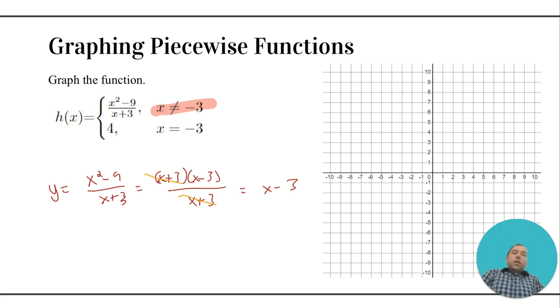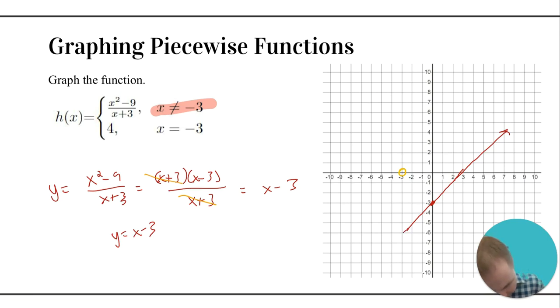So for the entire real numbers, just at negative 3 itself, we don't have a function value. So if you're going to graph y equals x minus 3, that's just a line that should start at negative 3 for the y-intercept and then have a slope of 1, right? So you really just want to graph this line, okay? But at negative 3 itself, we don't want anything right there.